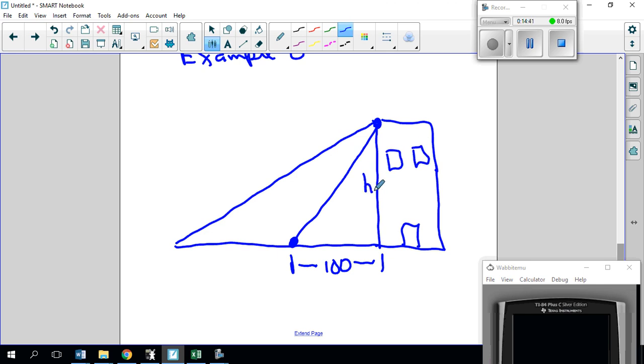Now, we can see that we're looking up at about a 61-degree angle. And if we step back some mystery distance, d, this distance here is 100 plus d, and this angle is 30 degrees, what is d and h?